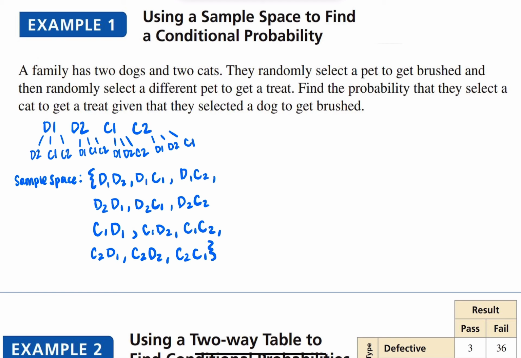Alright, so find the probability that they select a cat to get a treat. So probability of picking a cat second, given that they choose a dog to get brushed, so a dog first.